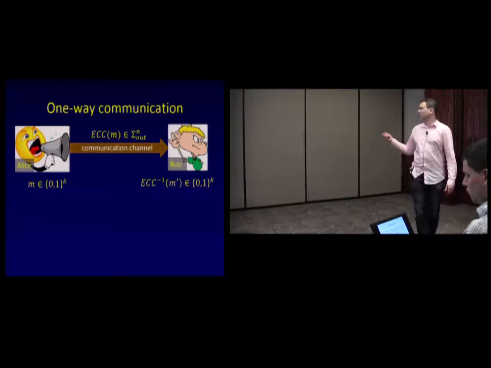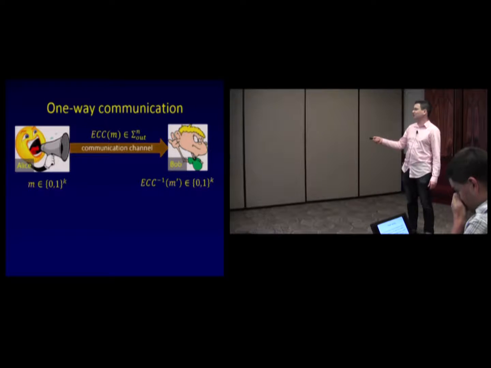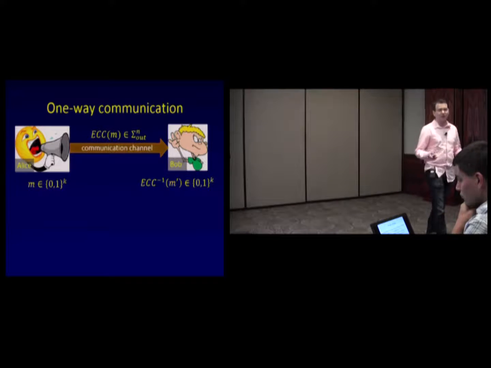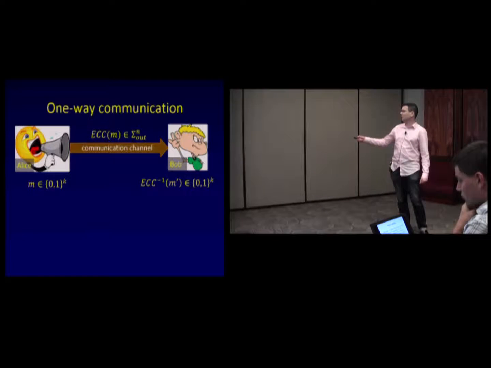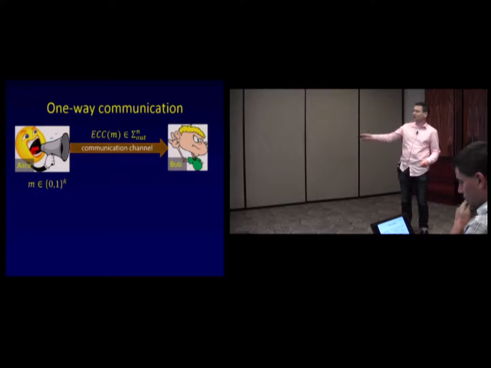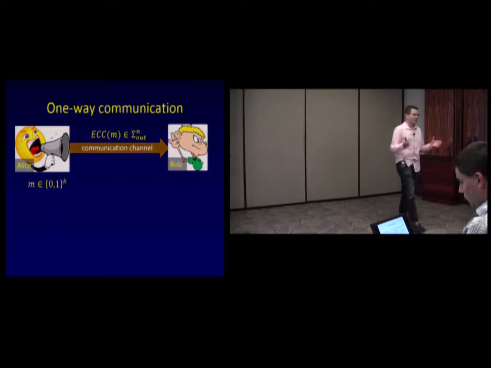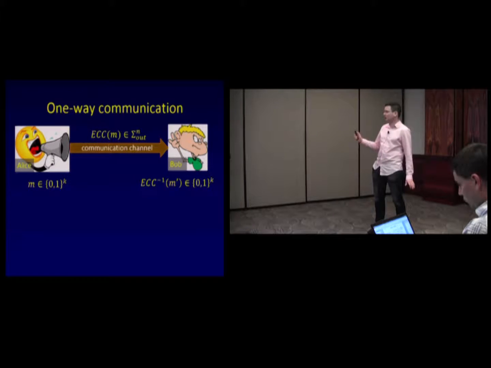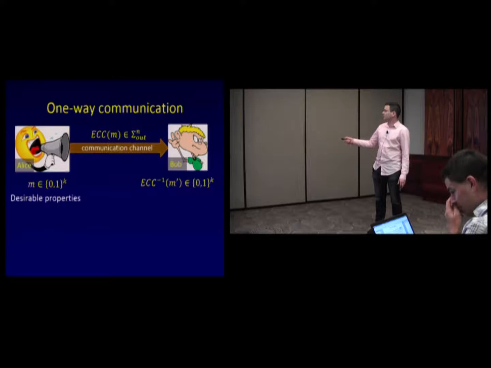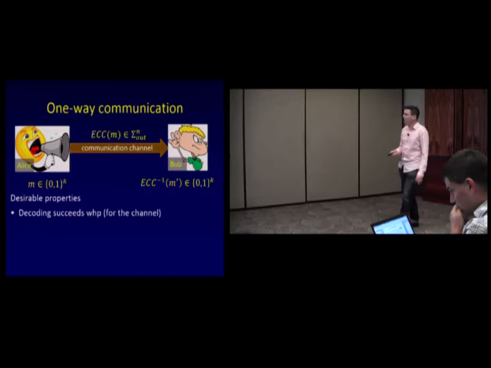And then the channel transmits. Bob receives some m prime, which is usually a corruption of ECC of m, and he's supposed to recover a k-bit string. By the way, I changed the alphabet to a binary alphabet because it's the same. If you want a larger alphabet, you can re-encode the binary. So for now, we can assume it's binary, and Bob is supposed to recover the word.